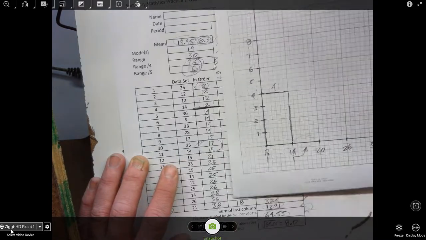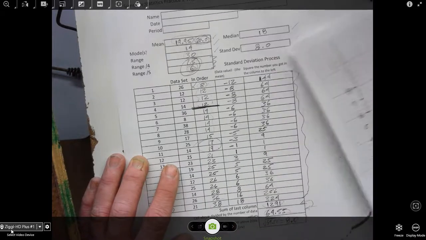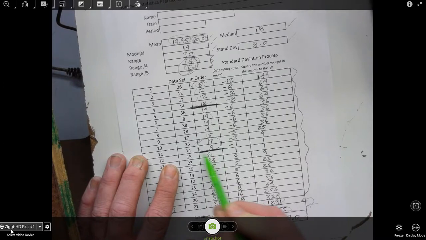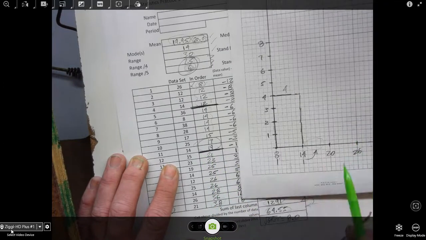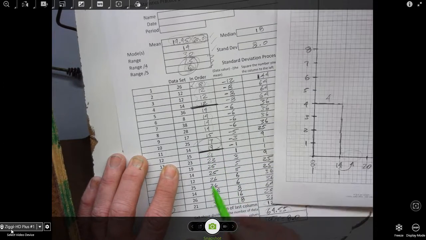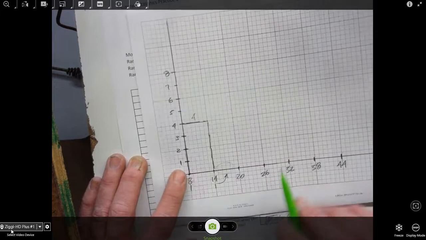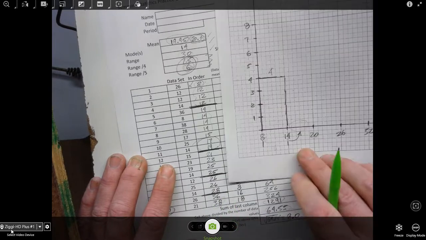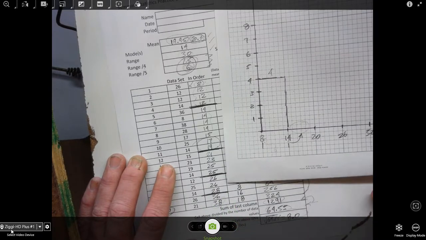So how many numbers are between 14 and 20? Well, let's map that out. So that's to here. In fact, let's do all the rest of them. Let's mark them off. 20 to 26 would be here. We wouldn't count the 26 because it would go with the next one up. 26 to 32 would be to here. 32 to 38 would just be the 36.